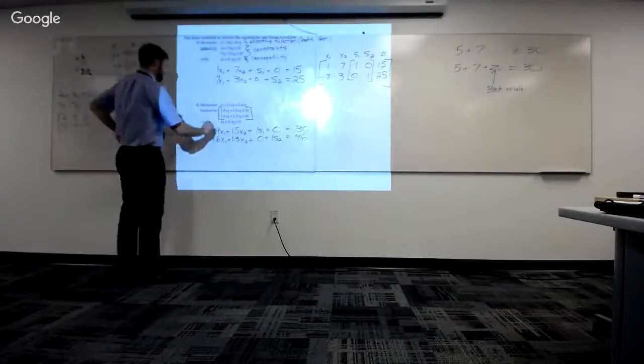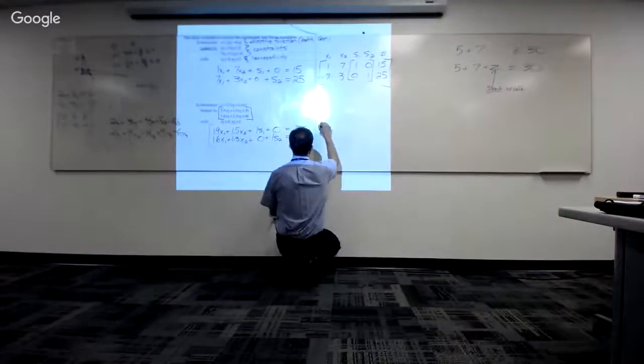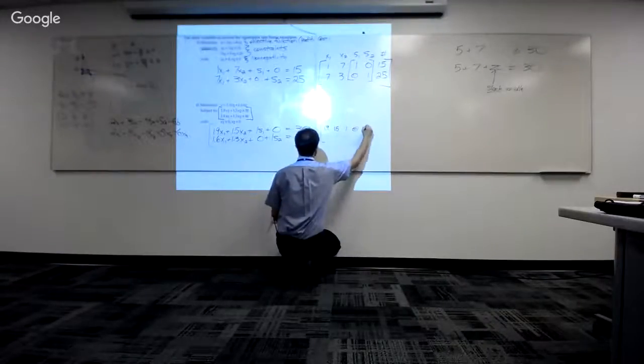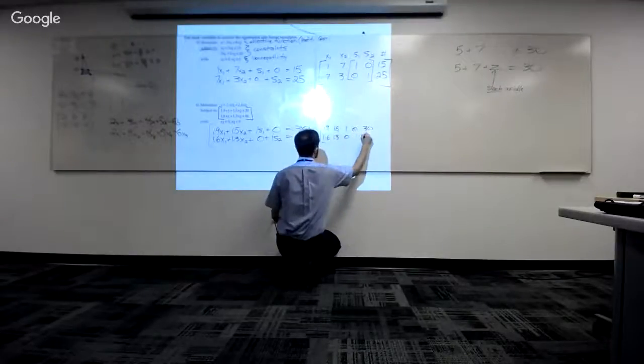So then you take that whole thing and you could convert that into a matrix. And so your matrix would really be 1.9, 1.5, 1, 0, 30, and then 1.6, 1.3, 0, 1, 46.